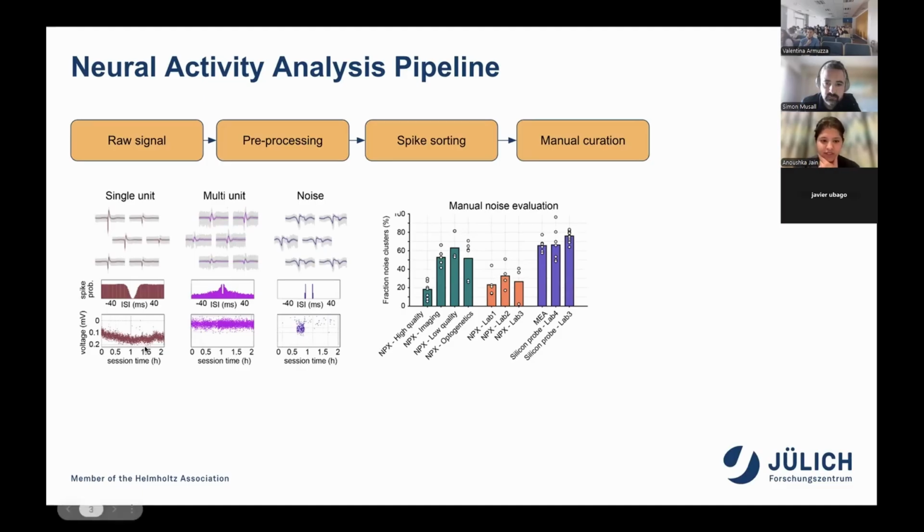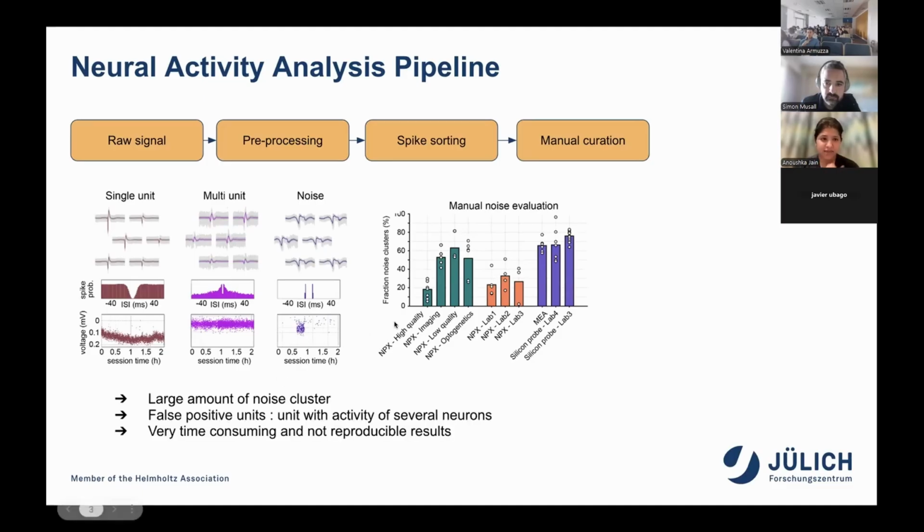So then we thought, is this something specific to our lab, or are other labs also facing the same issue? And we saw that irrespective of whether you're using Neuropixels or other kinds of electrophysiology where your probe does not have that high density, like Neuropixels have 384 channels, but if you are using probes which have 120 channels, you still have to do manual curation.